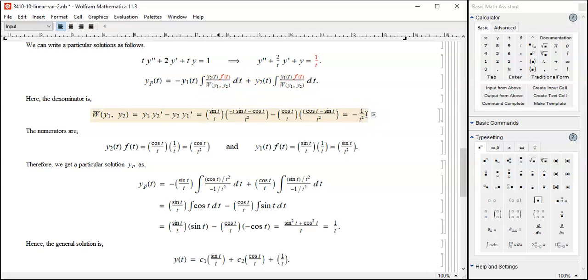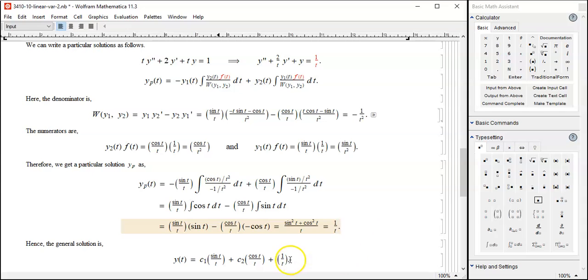Here's the Wronskian determinant computation: y1 y2 prime minus y2 y1 prime. And then the numerator. Put them together, and then we can do the integral computation. We end up with 1 over t. The particular solution is 1 over t.